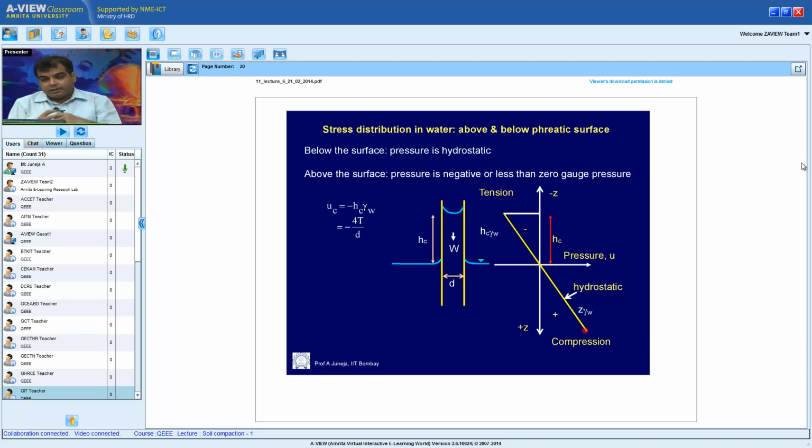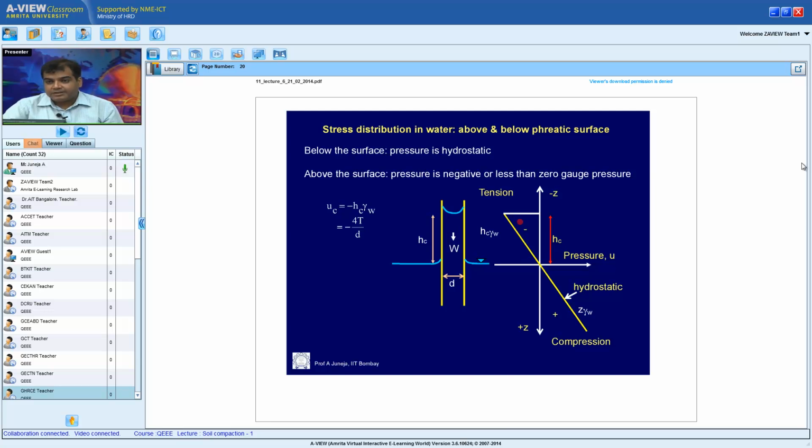When we look at shear strength, we will look at this positive nature in much more detail. But for today's class, I would like you to appreciate that pore water pressure is positive below the water table, below the phreatic surface.